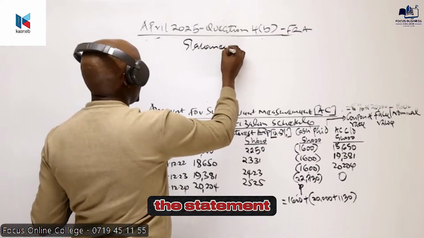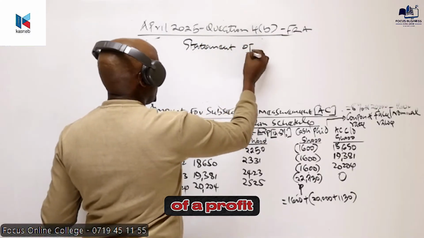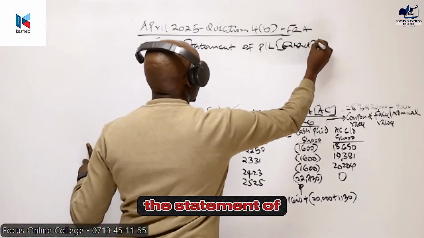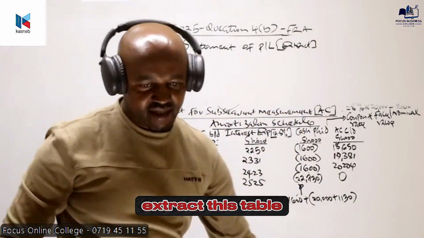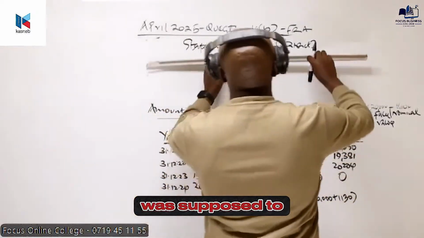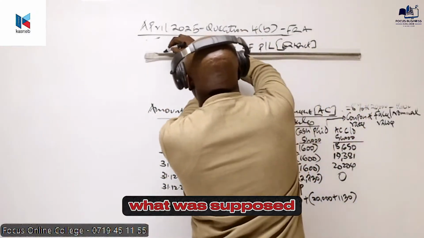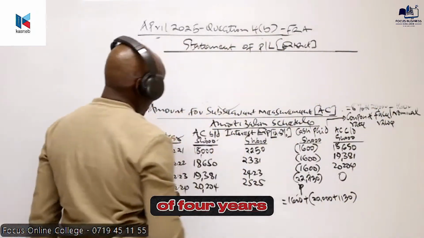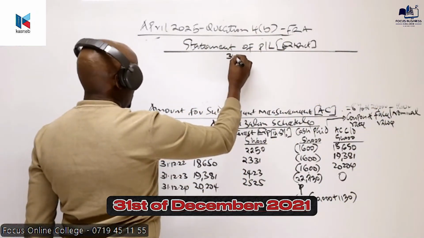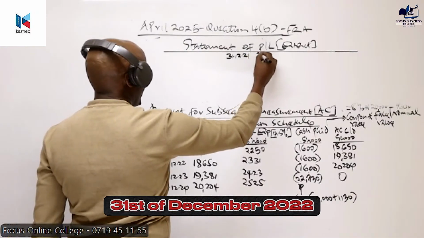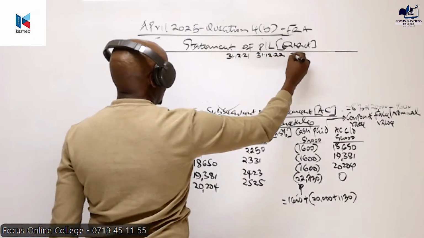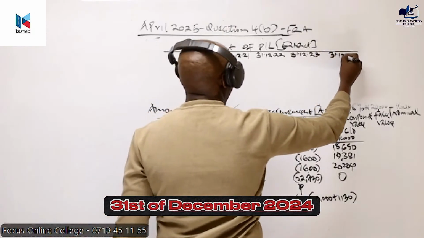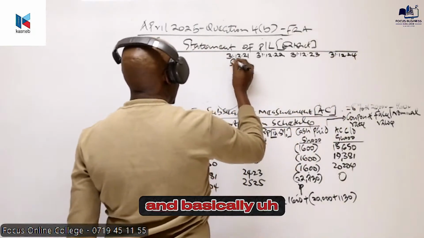And we will start by preparing the statement of profit or loss extract. The statement of profit or loss extract basically shows what was supposed to be recognized here over the period of 4 years: 31st of December 2021, 31st of December 2022, 31st of December 2023, 31st of December 2024.